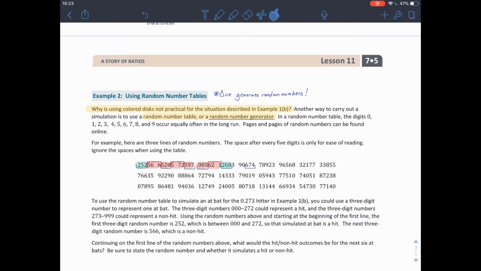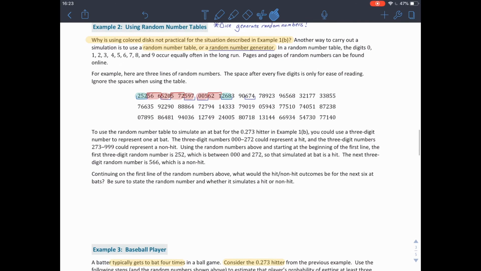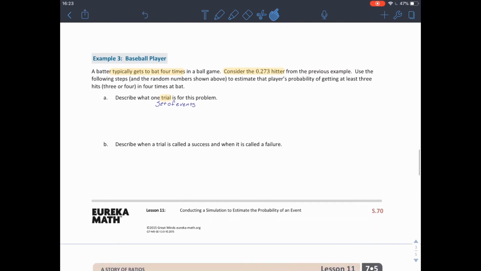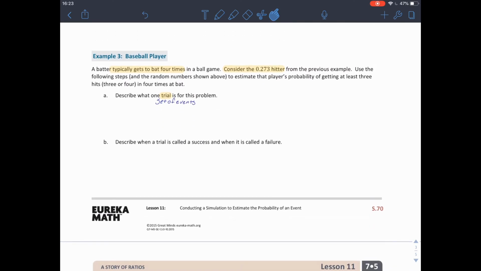So now that we have this tool, we can try to run a simulation for this situation. A batter typically gets to bat 4 times in a baseball game. So we're going to keep in mind that 273 thousandths hitter from our previous example, and we're going to use these steps to estimate the player's probability of getting at least 3 hits, so 3 or 4, in 4 times at bat.